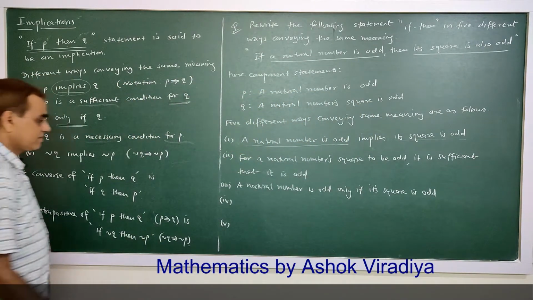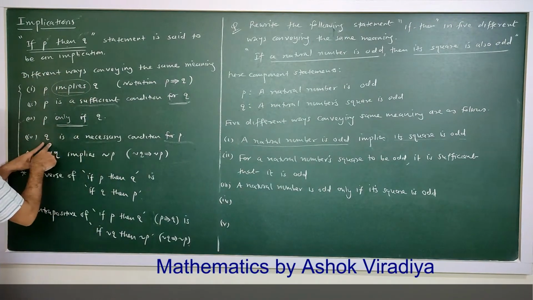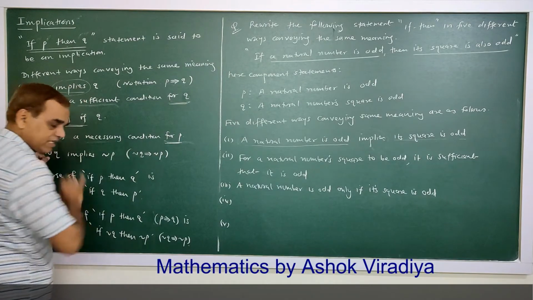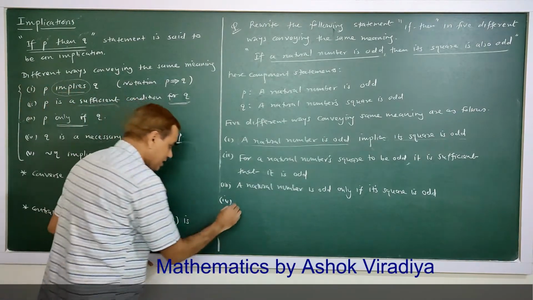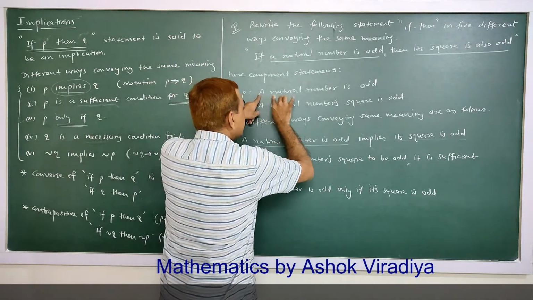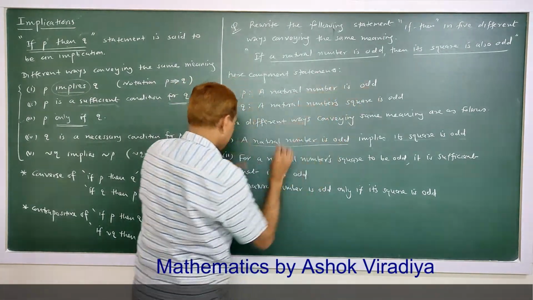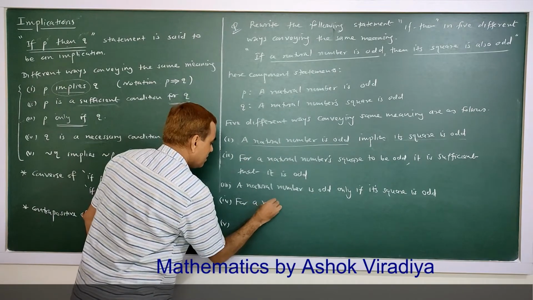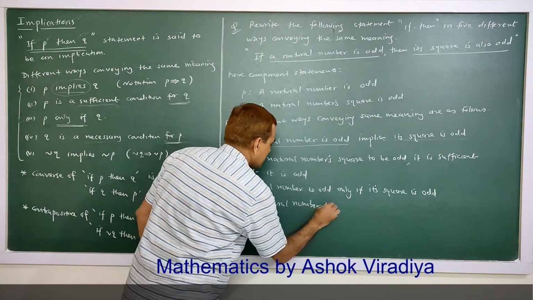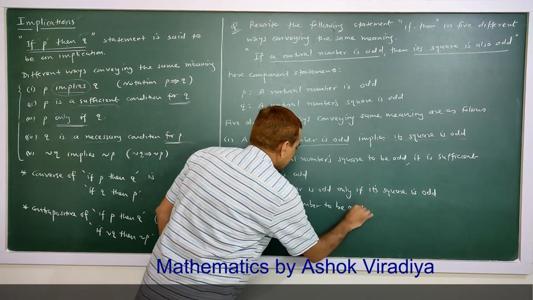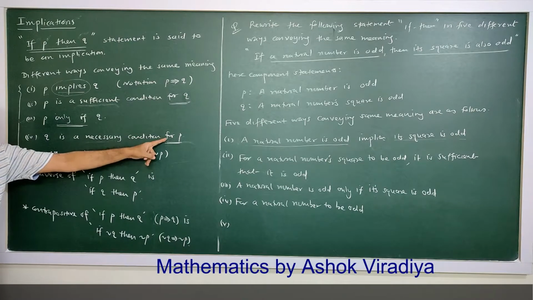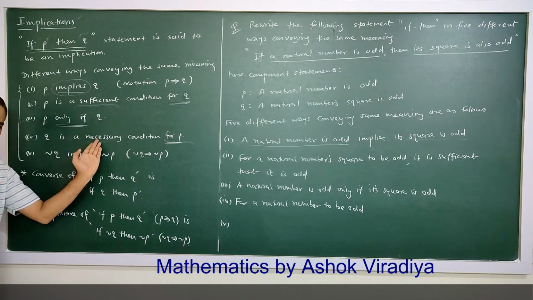Then the fourth method. Now here Q is a necessary condition for P. For P means for a natural number to be odd. For P. Now Q is necessary.